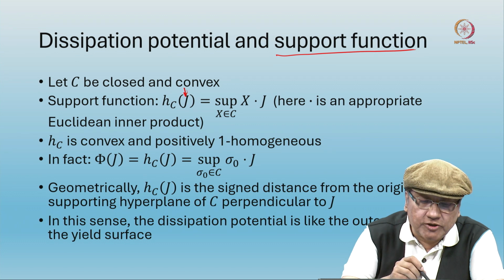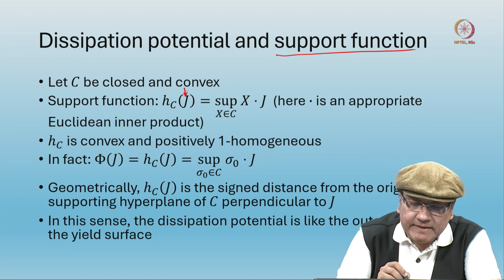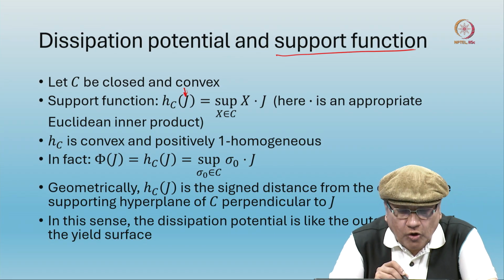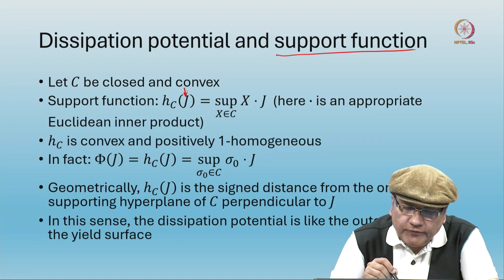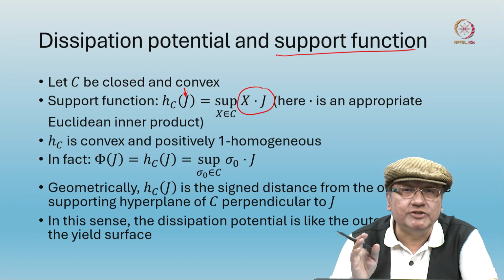The support function over C of J is the supremum over the set C, for all x which are thermodynamic forces, of the inner product of x with J.